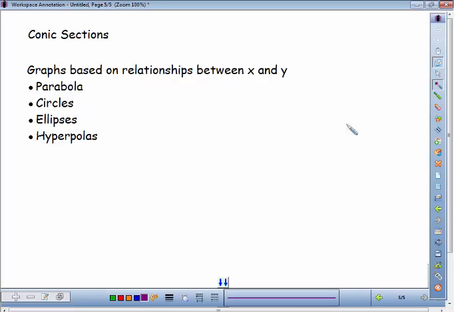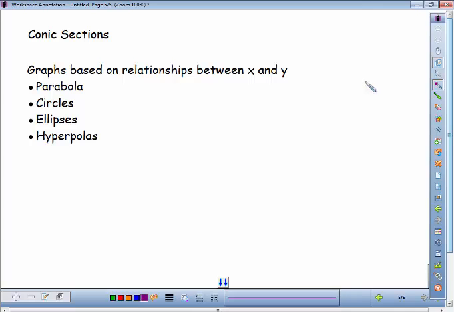And if you've seen something like this in your textbook or in a pre-calculus textbook, you see they call it a conic section because these things come from a cone. From a cone, then you're able to make slices with a plane, and you come up with these types of figures.